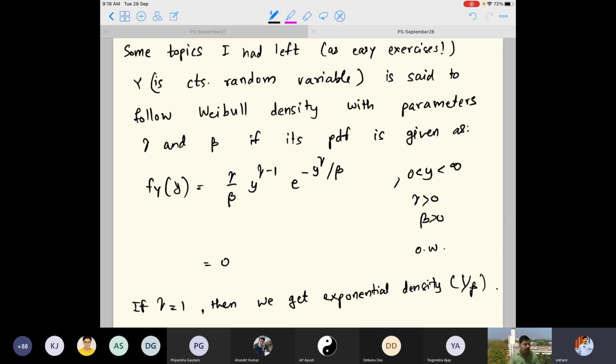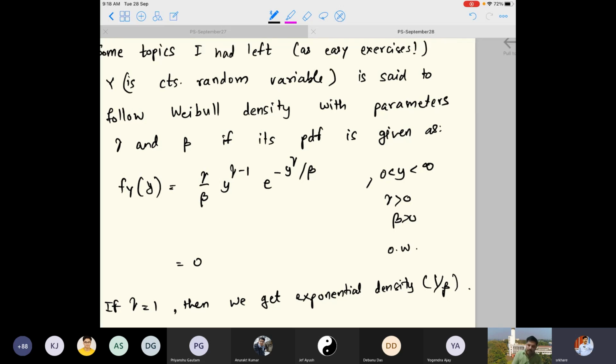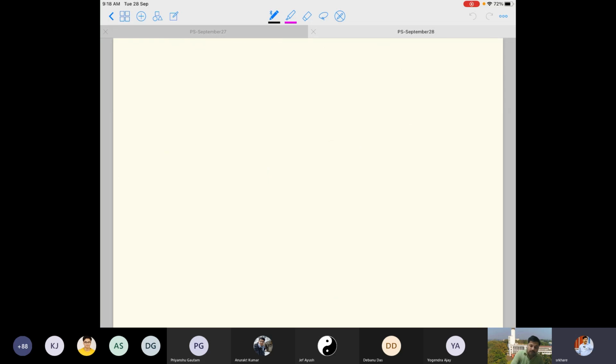In fact, you can do this as an exercise. Show that if X follows exponential density with parameter 1 by beta, then Y equals X to the power 1 by gamma has Weibull density.